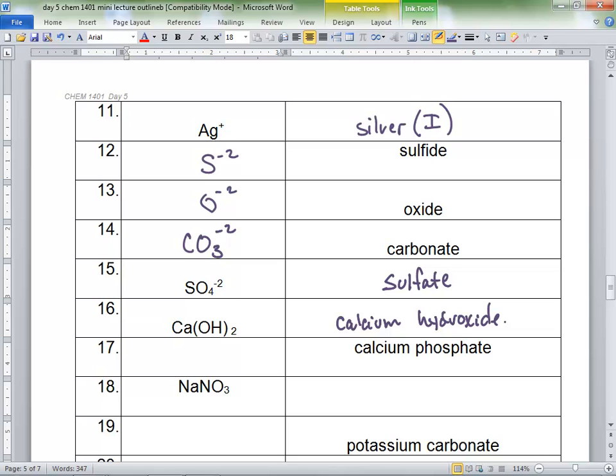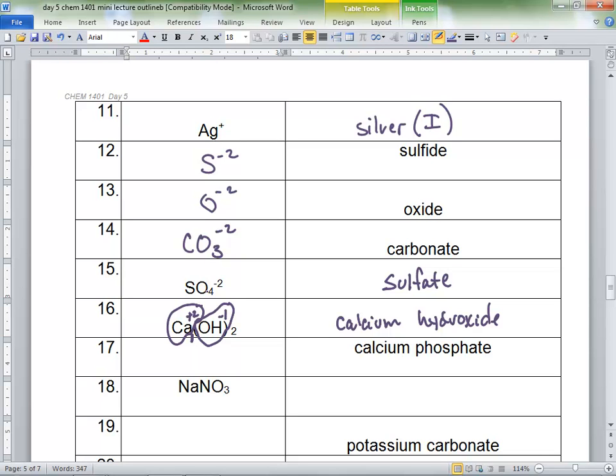So all you're doing is naming the cation and the anion. And if it helps you, write the cation. That Ca, you don't even have to use the periodic table for this. Use the formula. Ca has to be a +2 because that 2 goes over here. The hydroxide has to be a -1 because it's always a cation first, then the anion. That has to be a -1. So you have to name this, and you have to name this.